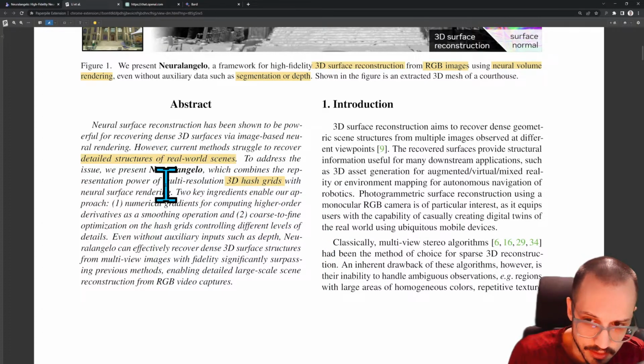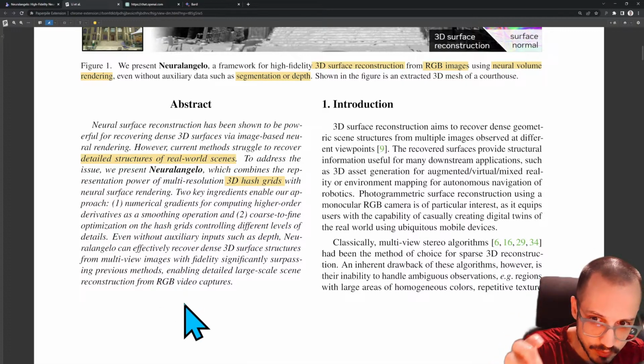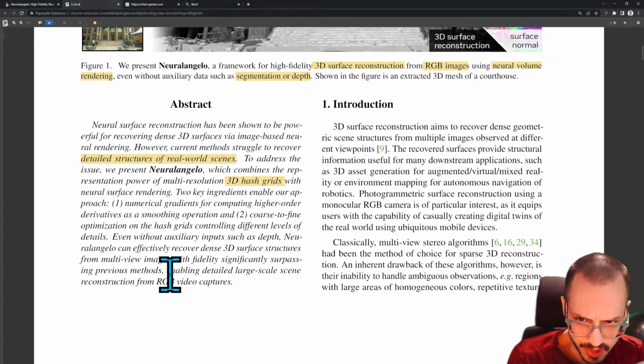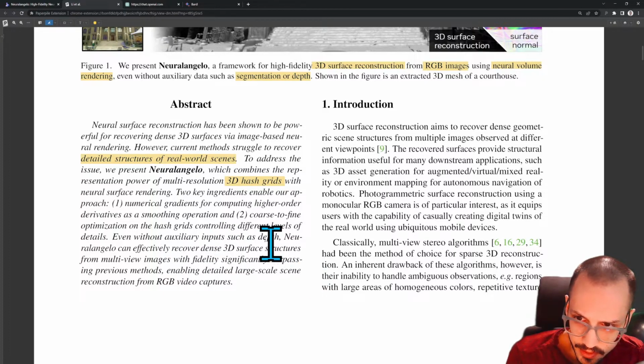Multi-resolution refers to the fact that there are going to be different sizes of the way that this hash map is created with respect to the volume. So maybe you'll have a coarse resolution, then a fine resolution, then maybe an extra fine resolution or something like that.